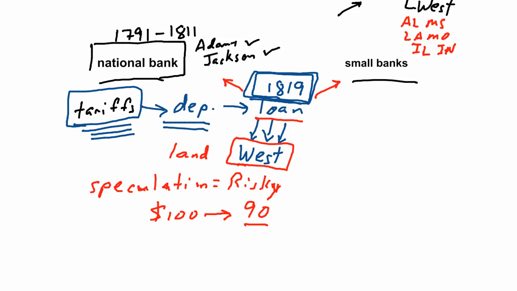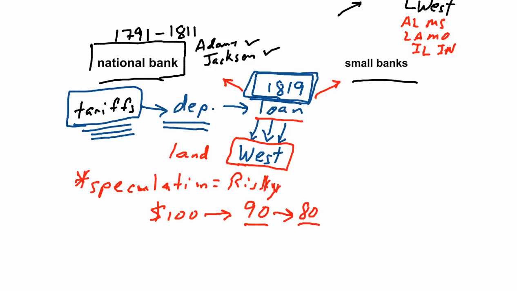So you're in trouble here, especially in the 1820s and 1830s, when the value of land went way down. People borrowed $100 and owed $100, but their land was valued at only 80, and that's a result of speculation, a risky investment.